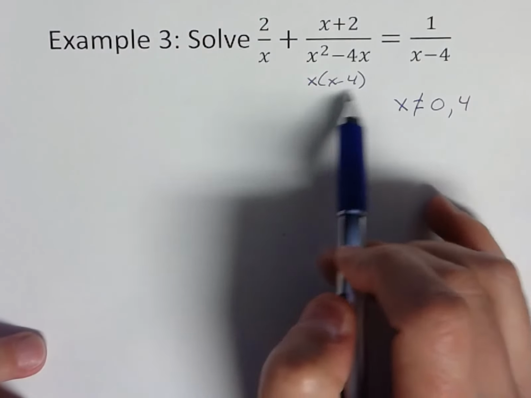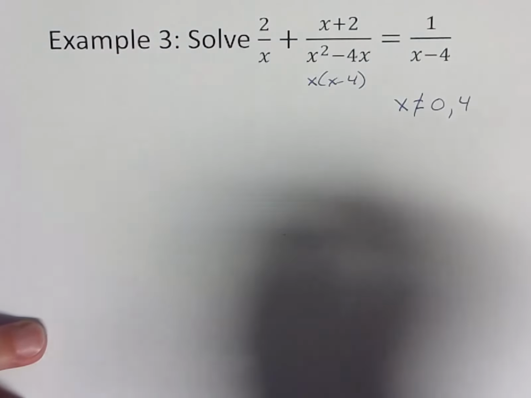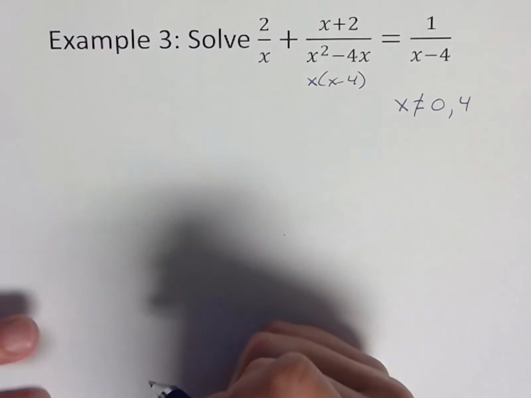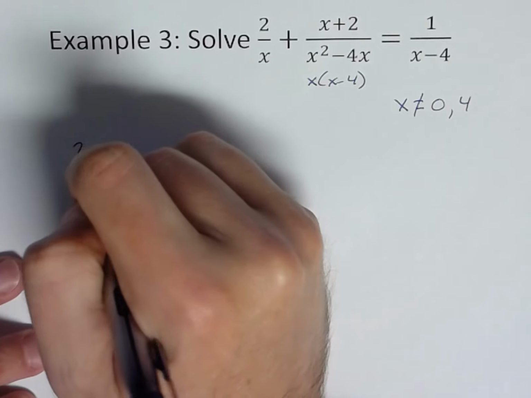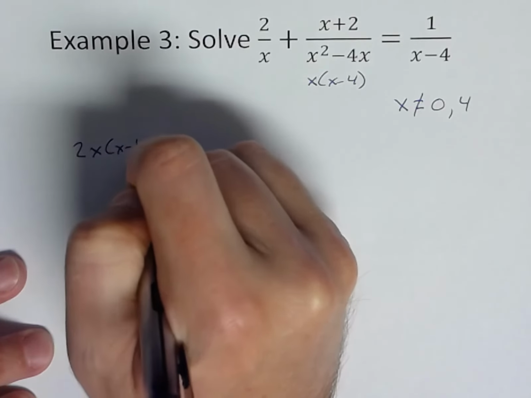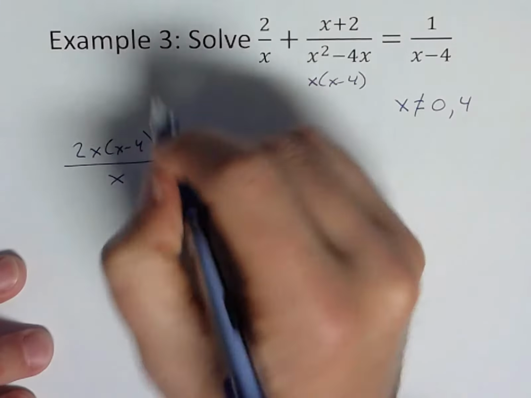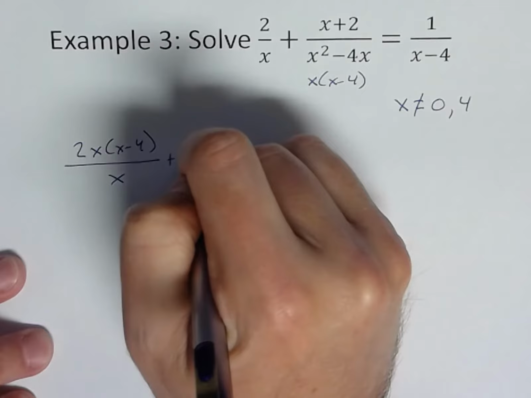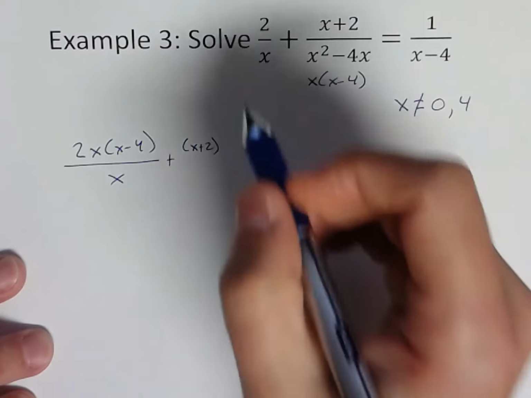So let's do what we did previous. We're going to take this common denominator, multiply it through the whole thing. Remember, that's going to wipe out our denominators, make it look a lot cleaner for us. So let's do that. So we've got 2 times this, so 2 times x minus 4, all over x, plus x plus 2. I'll just write it this way. That's what I started with. Times this again.